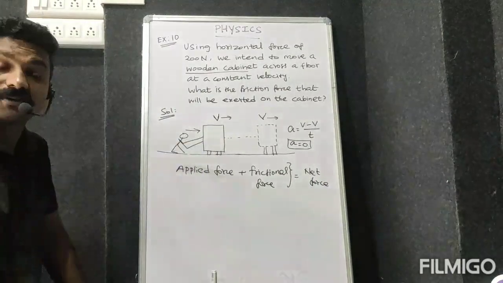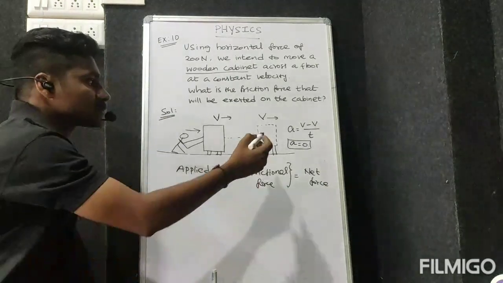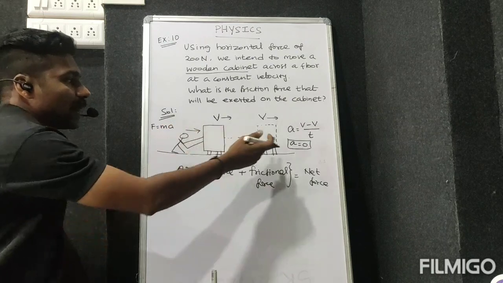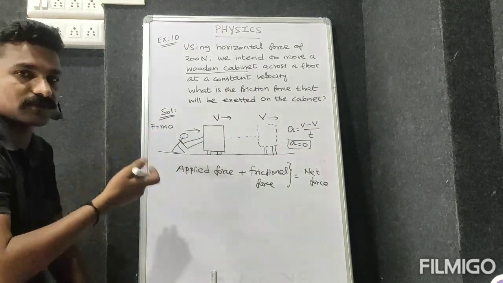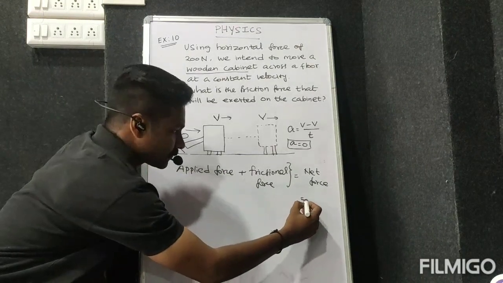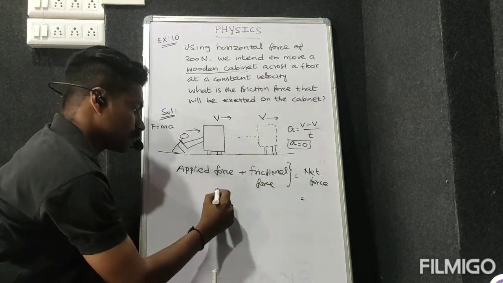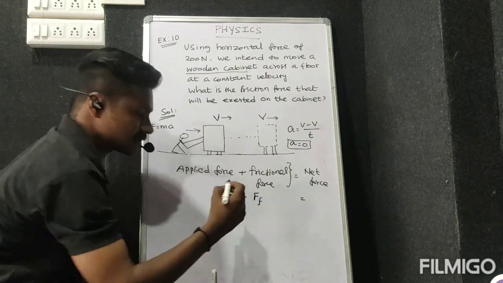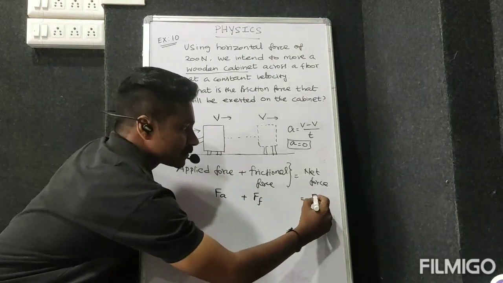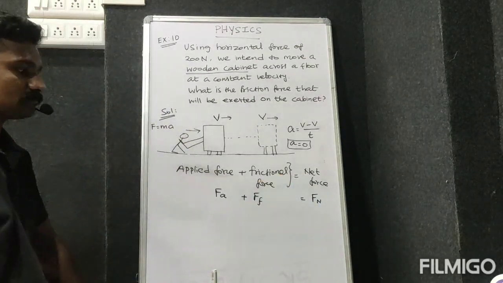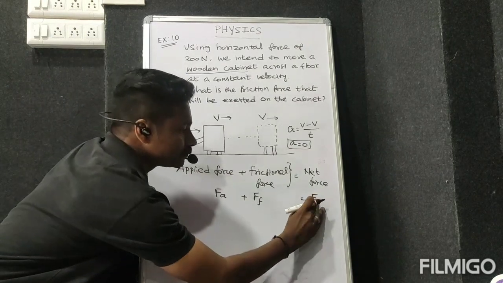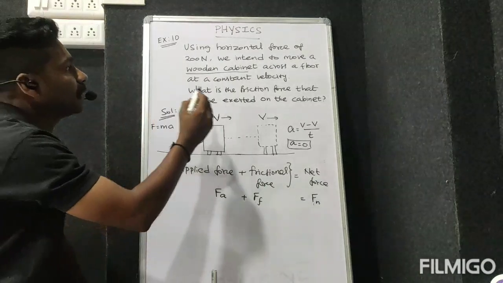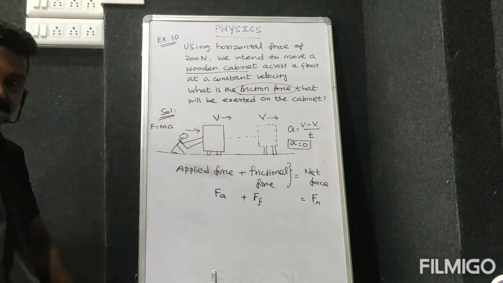But you know that the net force is actually 0 now, because the force formula is F equals ma, and the acceleration is 0, so the net force is 0. I can write Fa for applied force, F for frictional force, and Fn for net force. In this question they are asking for the frictional force.